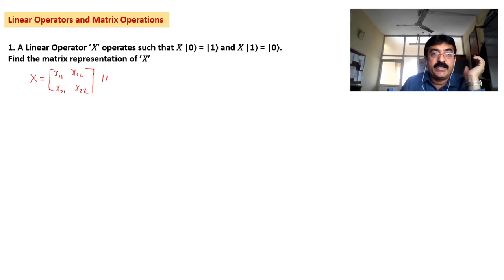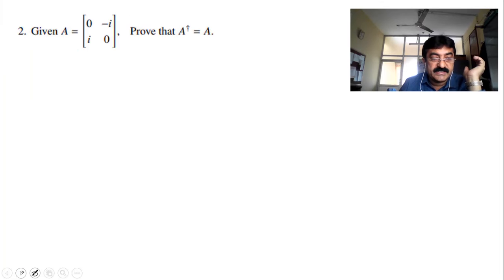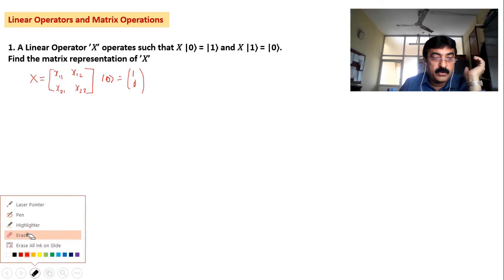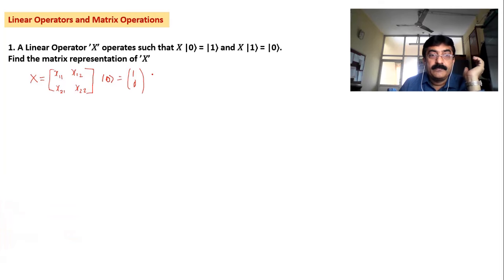And we also know ket 0 is equal to 1 0, and ket 1 is equal to 0 1. Now we have to find out x11, x12, x21, x22 values.